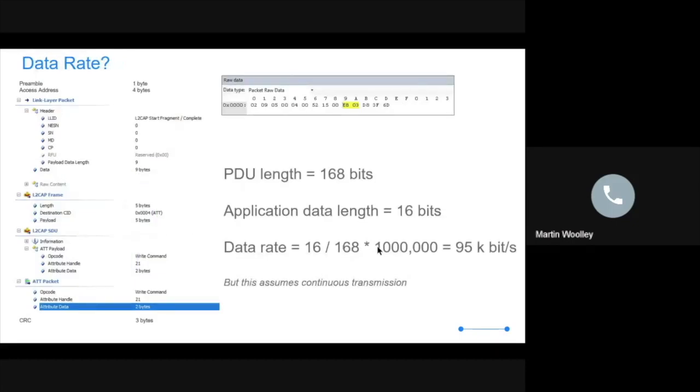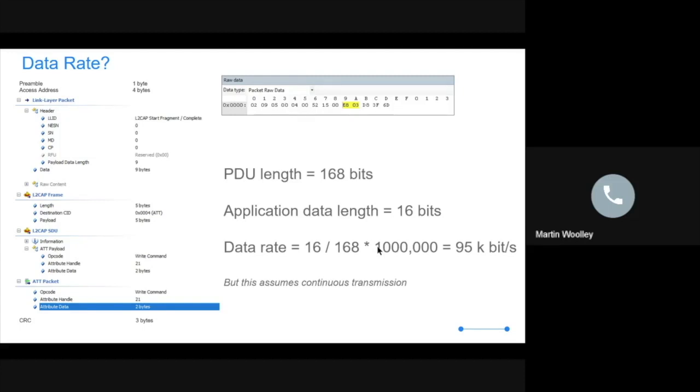Much of the data, much of those bits that get transmitted in a packet aren't your data. They're protocol-related bits and bytes, and they consume some of your bandwidth. So on screen, I have a link layer packet. This is essentially what goes over the air. And only 2 bytes, 16 bits of the total of 168 bits are my application data.